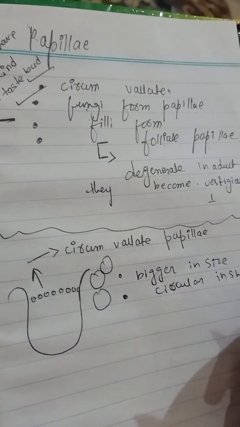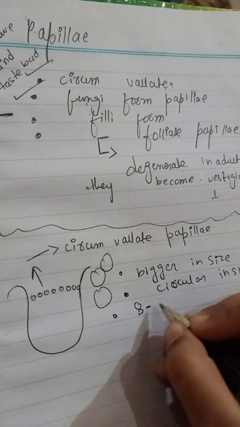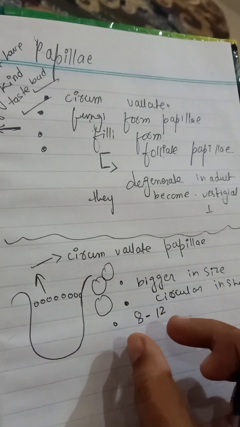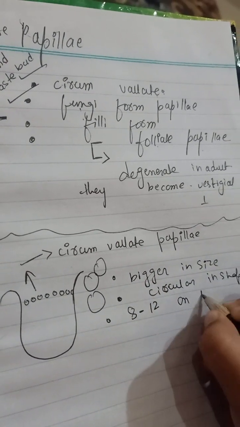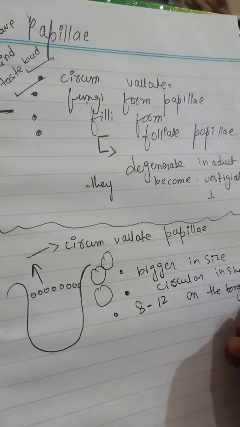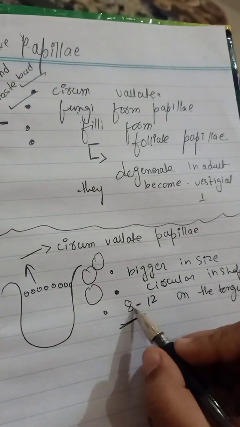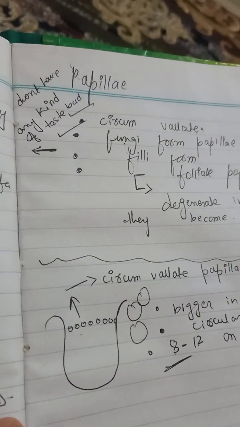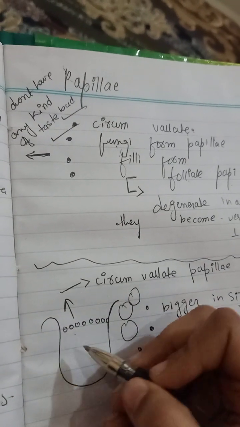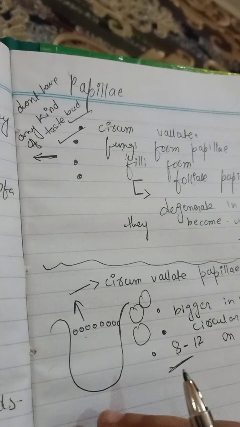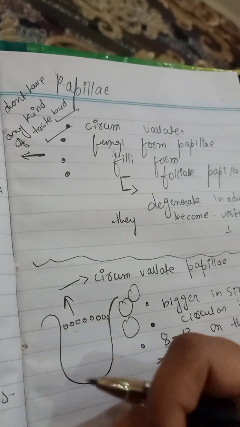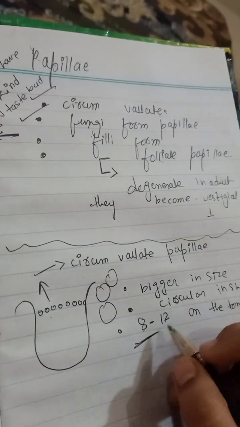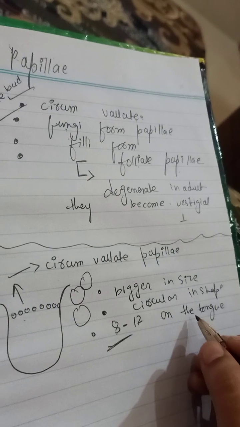They are circular in shape, and there are 8 to 12 papillae on the tongue. The circumvallate papillae range from 8 to 12 on our tongue.